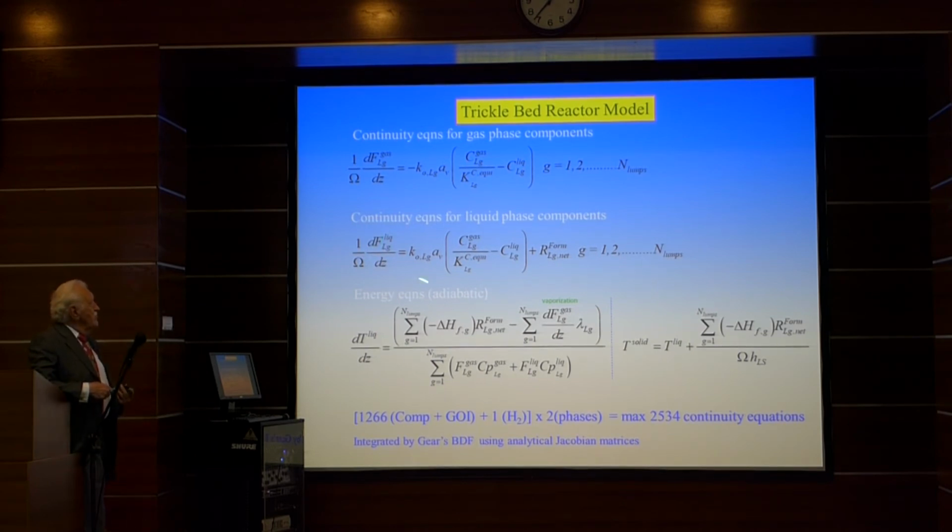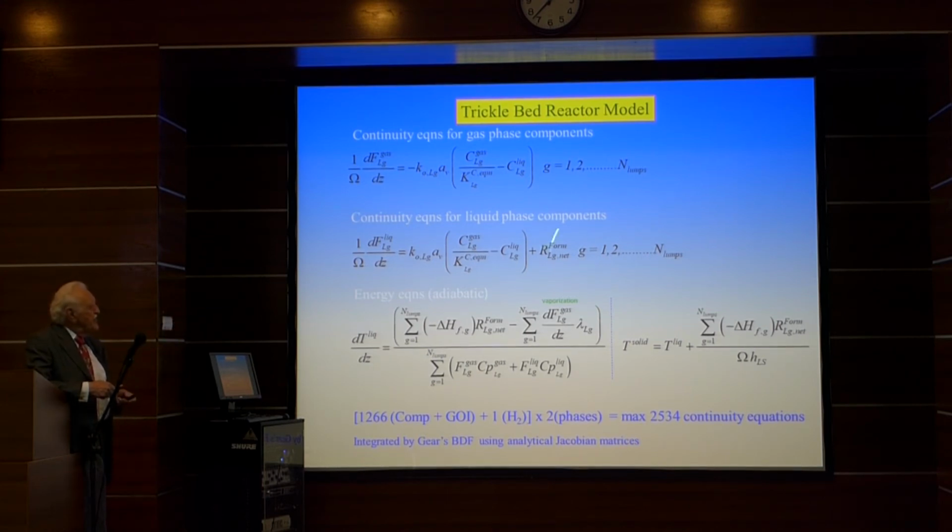Then you describe the change in the liquid phase, which is due to the transfer from the gas phase, and because of reaction, and we associate liquid and surface of the solid catalyst. There is no mass transfer limitation considered in this equation.